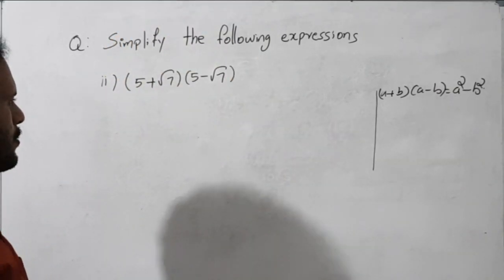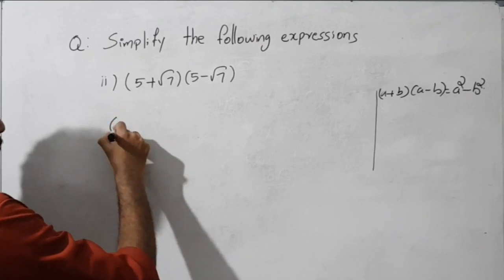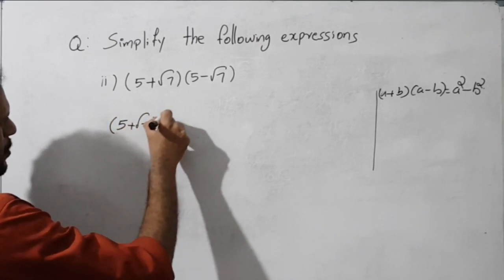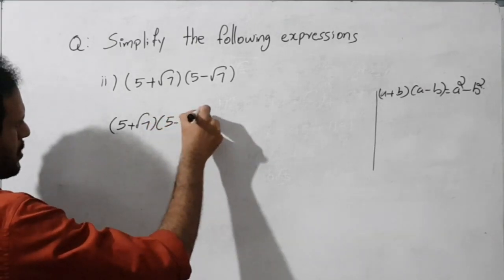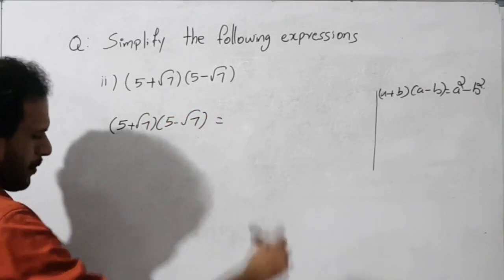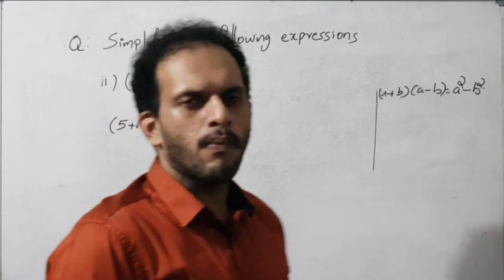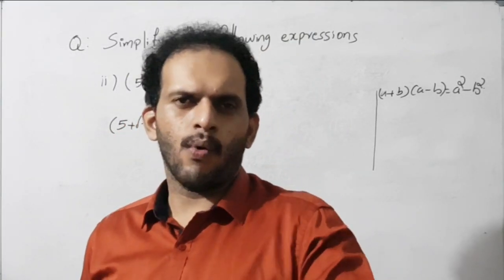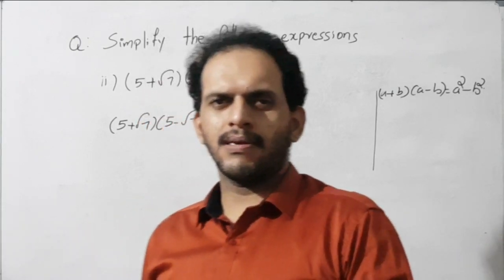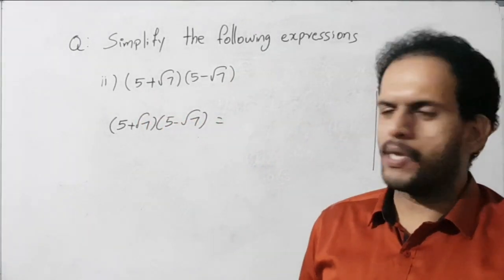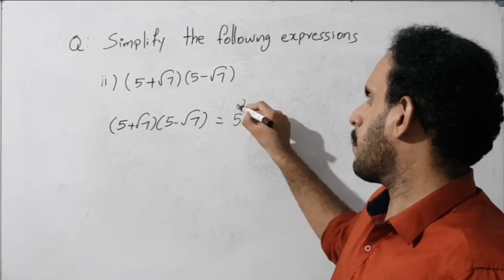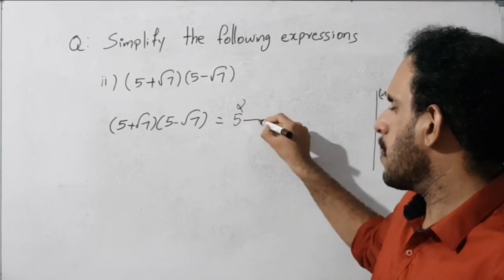Okay, then how do we start? We identify the identity. So 5 plus root 7 into 5 minus root 7 is in the form of a plus b into a minus b. So what is the RHS? The RHS is a square minus b square. For that, a square means 5 square, minus b square.